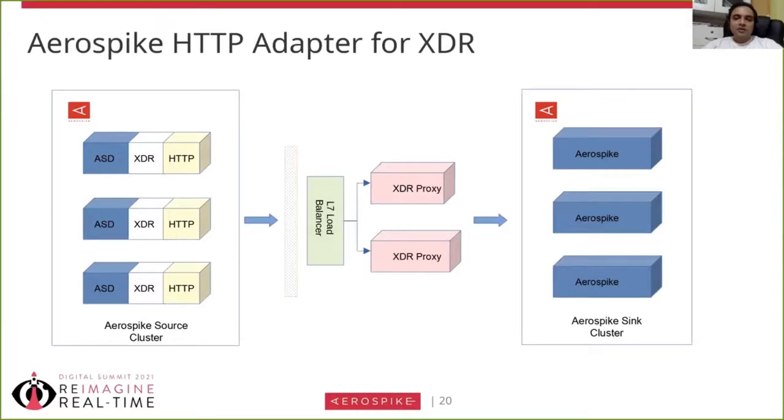The L7 load balancer would load balance the change notifications at each individual change notification level to a set of XDR proxy instances. The advantage in this case is you can scale the XDR proxy transparently without having to change or recreate TCP connections because the L7 load balancer works at individual change notification level.